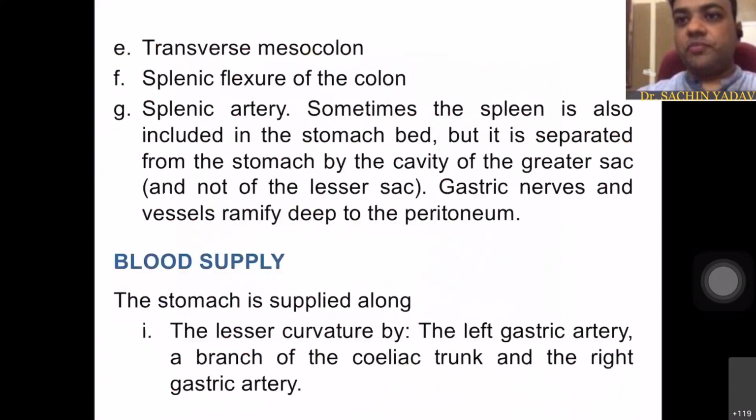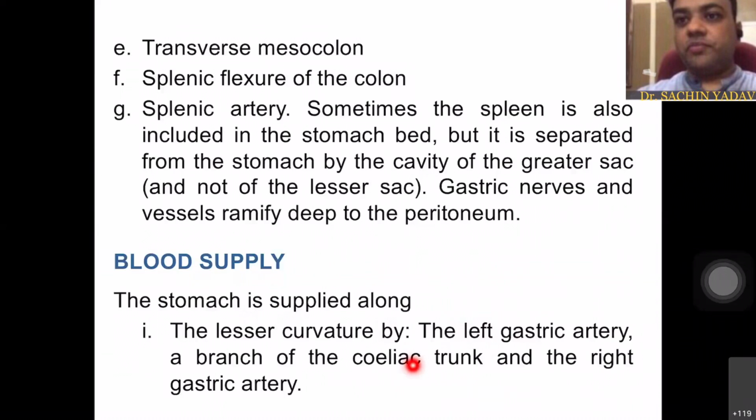Blood supply is through the lesser curvature and greater curvature. Along the lesser curvature we see the left gastric artery, which is a branch of the celiac trunk, and the right gastric artery. Along the greater curvature, it is supplied by the right gastroepiploic artery, which is a branch of the gastroduodenal, and the left gastroepiploic artery, which is a branch of the splenic artery.